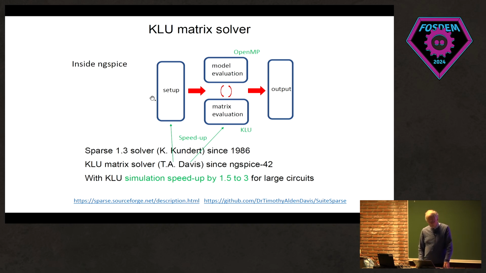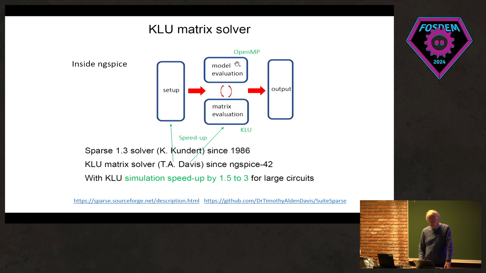Well, the matrix solver. What is the circuit simulator doing? If you look inside, NGspice gets the circuit, makes a setup, parsing the netlist, reading the model files, and then if you do a transient simulation versus time, you have the circle between model equation evaluation, and these data go into the matrix, and the matrix is solved, and then you go for the next time step and you repeat this until the time is over, and you look at the output.